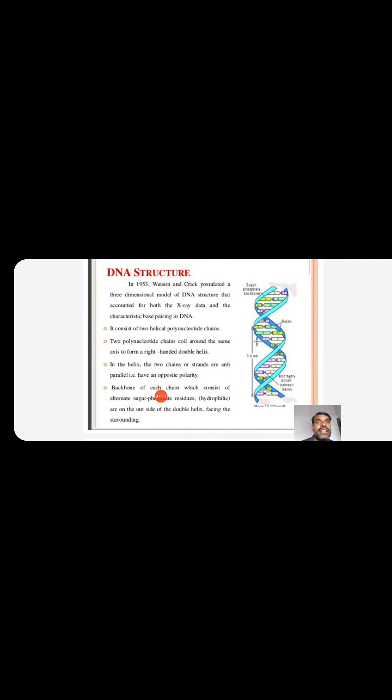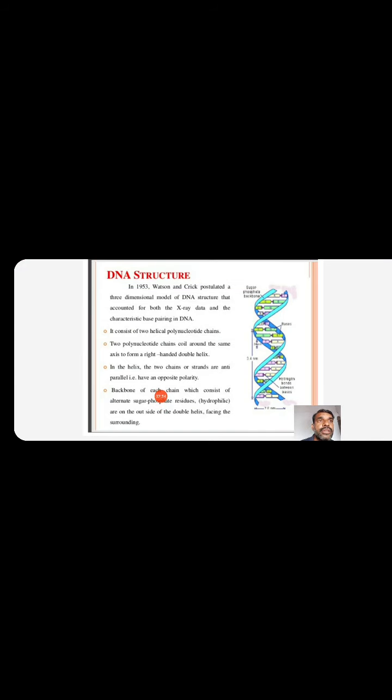The DNA structure was first discovered by the scientists Watson and Crick. See, Watson and Crick postulated a three-dimensional model of DNA structure that accounted for both the X-ray data and the characteristic base pairing in the DNA. It consists of a double helix, which means two strands of polynucleotide chain.